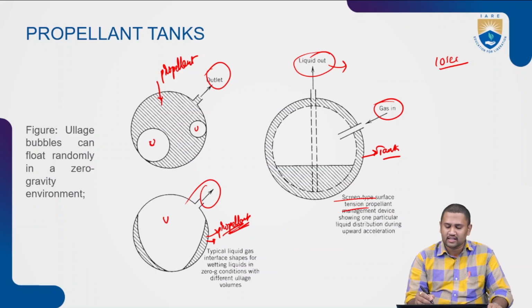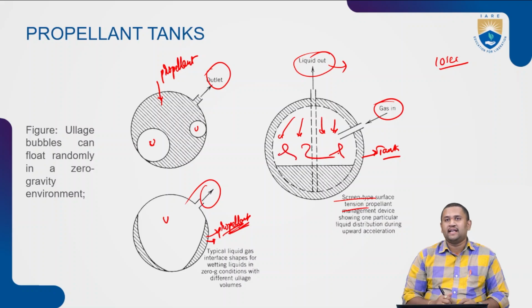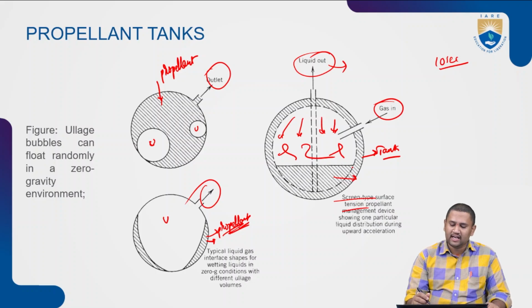Now what happens during this is they tend to maintain the pressure on the liquid, the same pressure. As the pressure is maintained, the liquid is constantly pushed out towards your combustion.